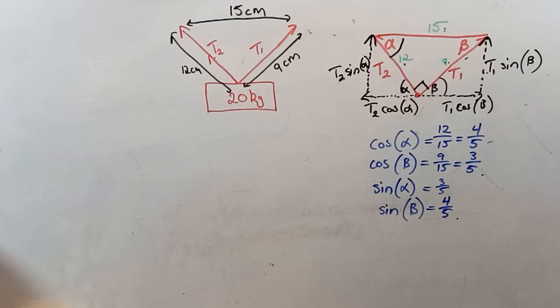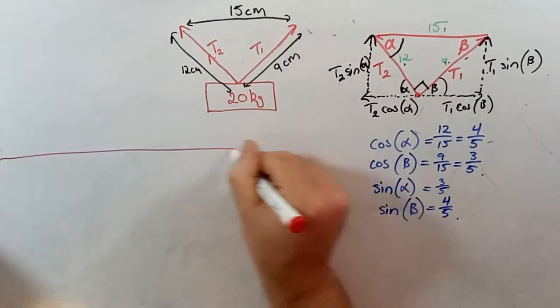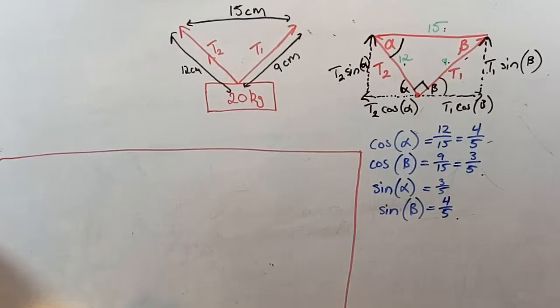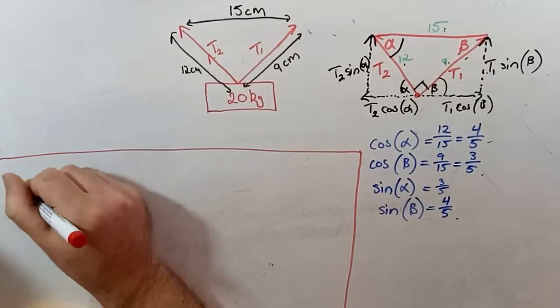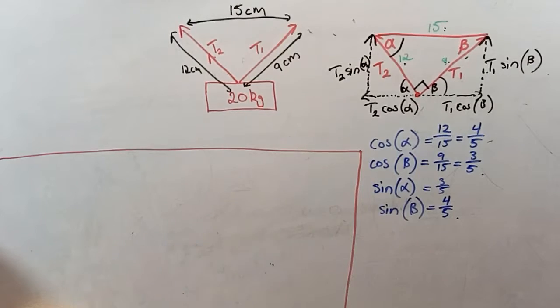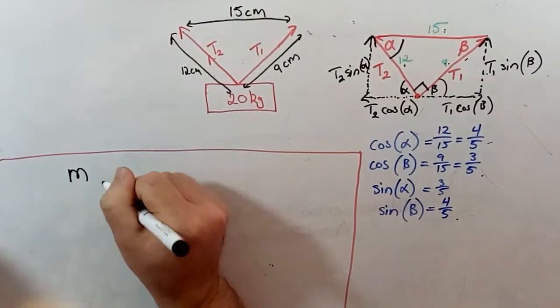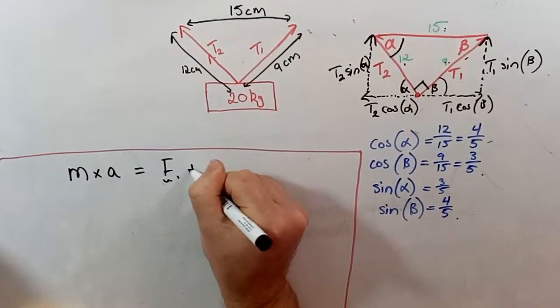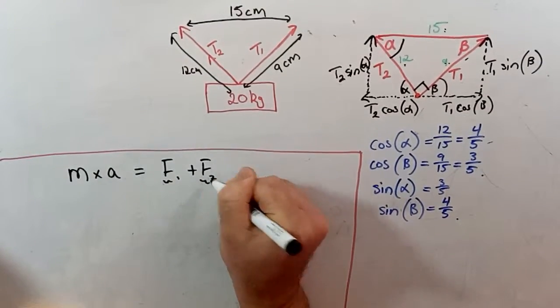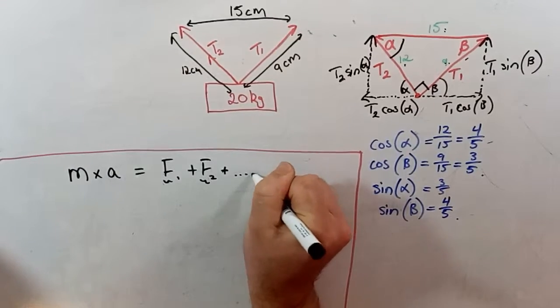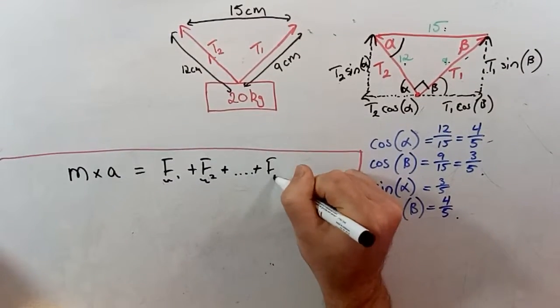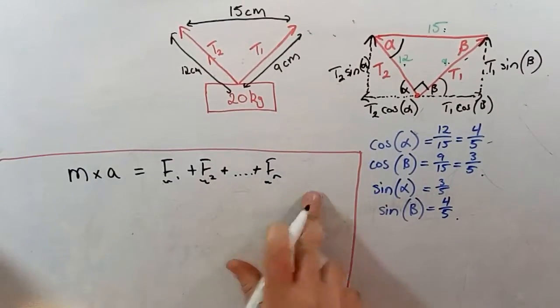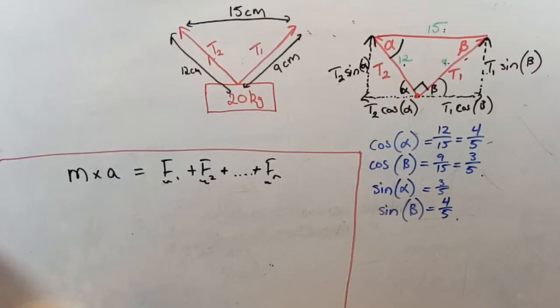Okay, so the way we're going to do this, I'm going to show you how to set these up for every problem. Firstly, remember it's Newton's second law, which we said was m times a equals F1 plus F2, all the forces, which are vectors, however many forces there are, add them all up, and we set them equal to m times a.